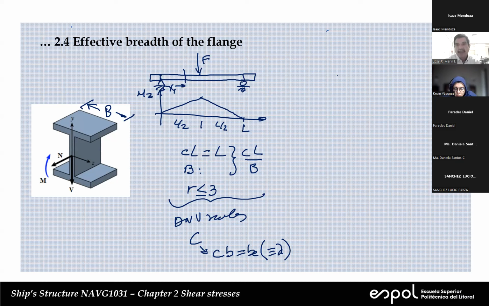What happens with the next case, the other case? I don't know, how do you call it, case 1 or 2? So we have F over 2 and F over 2. This distance was A, right? Symmetric.